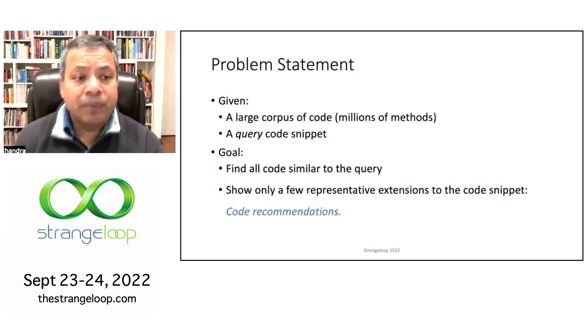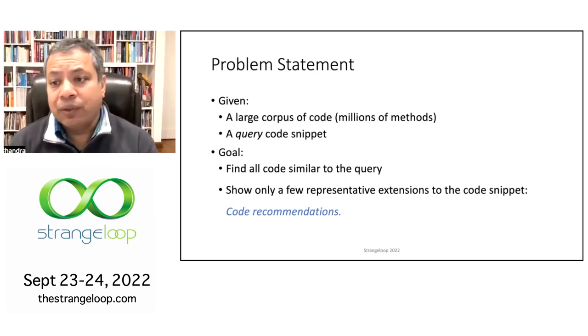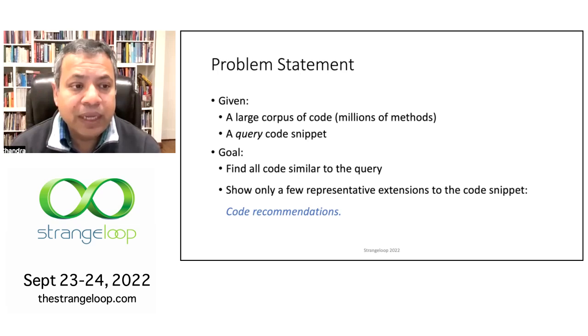Okay, so here is a problem statement. We have at our disposal a very large corpus of code, say millions of methods, and we have a query code snippet, by which I mean that we have just written some code. We are going to use that code as a query.